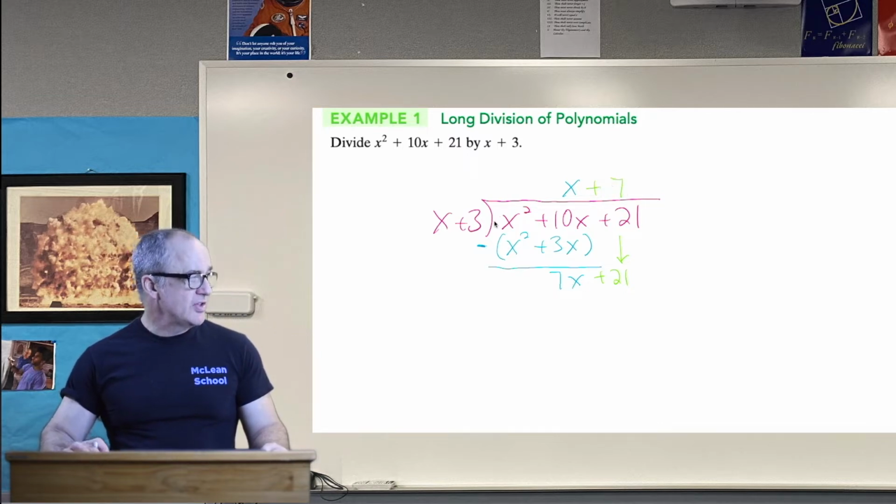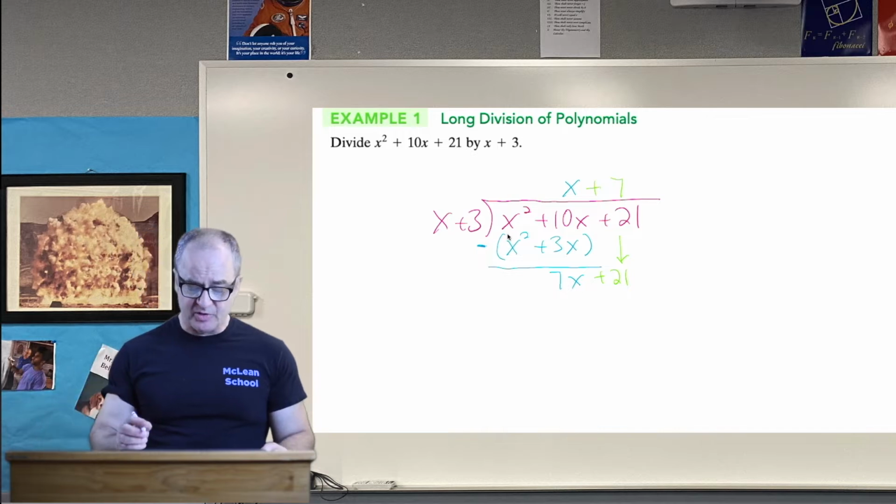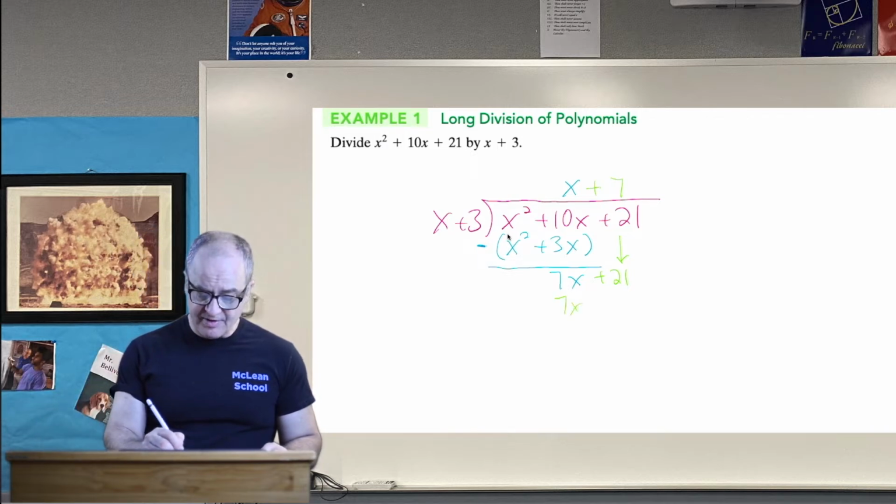And now, even though we only looked at the x in figuring out what to multiply by, when we do multiply, we have to distribute the 7 to the x and to the 3. Again, if I don't use my parentheses, I'll mess it up.